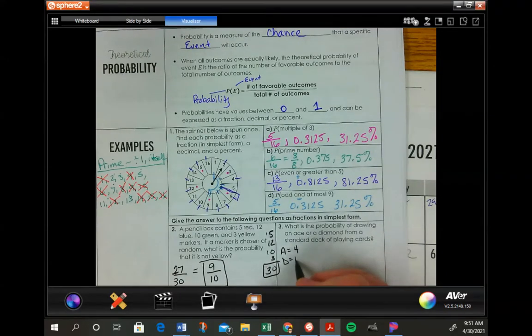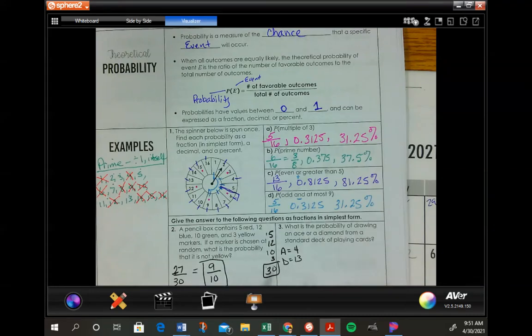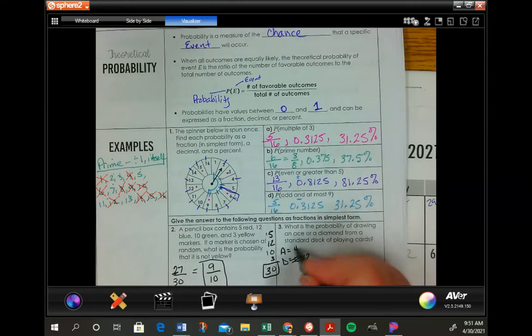There are 13 diamonds. But one of those 13 is an ace. So you take that and make it a 12, because one of them is an ace.